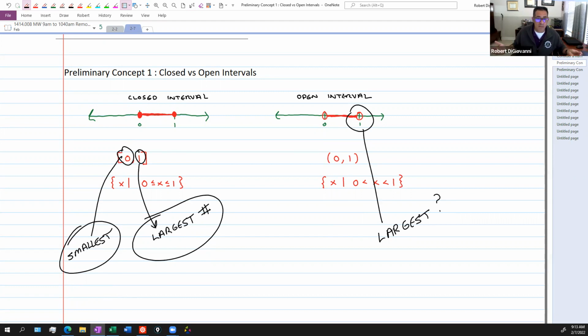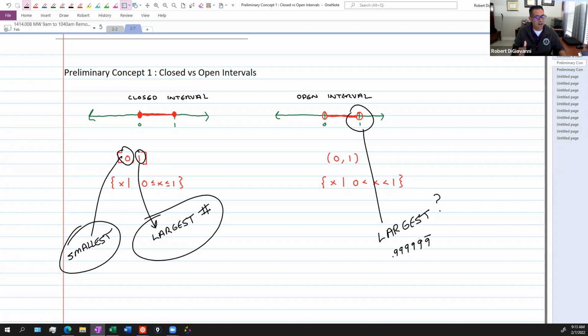As soon as you try to tell me what number is largest, if you say 0.99939, I'll say, no, I could just add one more 9, and it's even bigger. And then you say, well, that's the biggest one. I'll just add another 9. And then you say, okay, well, then just put a bar on it. And I'll say, no, you can't put a bar on it, because that's the number 1, and you're not allowed to have 1 in there.